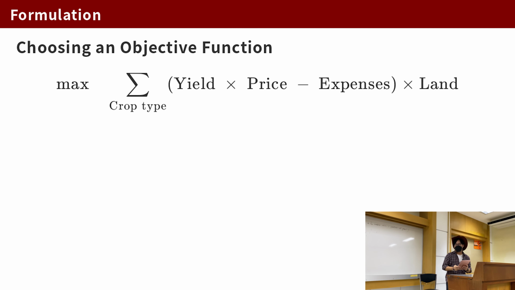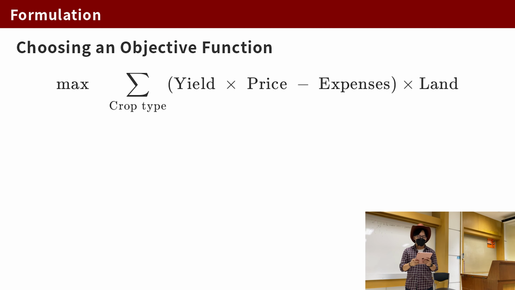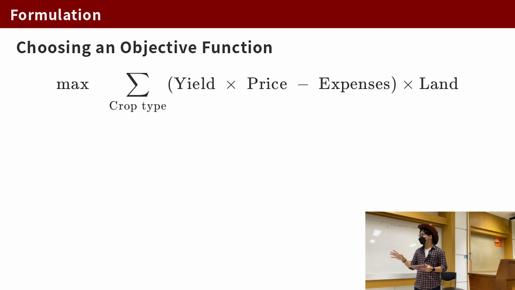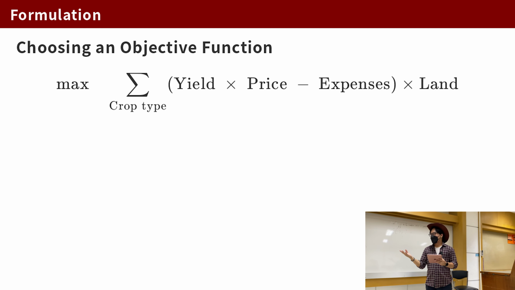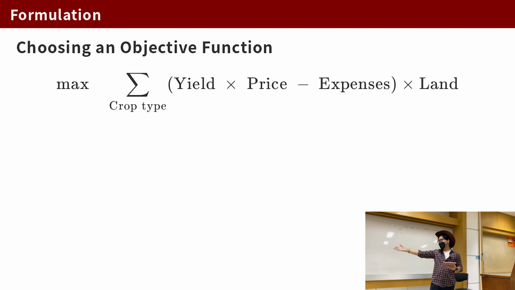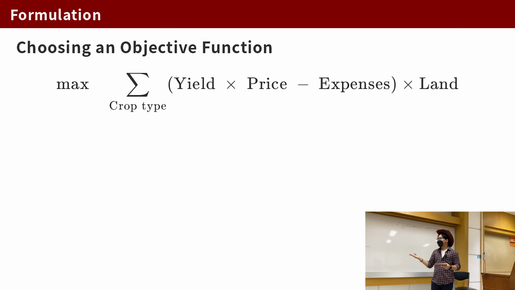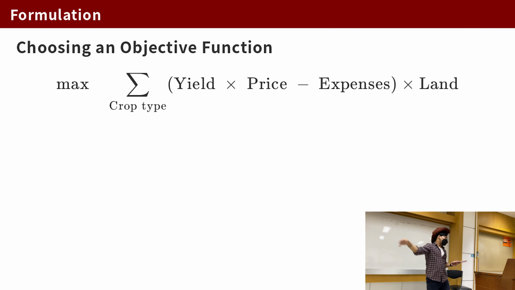And then the next thing is the objective function. Because we want to maximize Bill's profit, so we're going to take the yield, multiply it by the price. And this is going to be our expected income, and then we're going to pay the expenses per acre, and that's the expense. And then we multiply it by the amount of land allocated to each crop, and then we sum up this amount for every single crop.